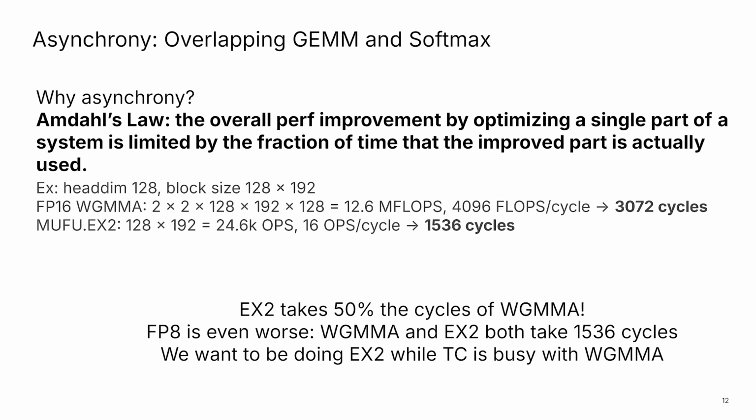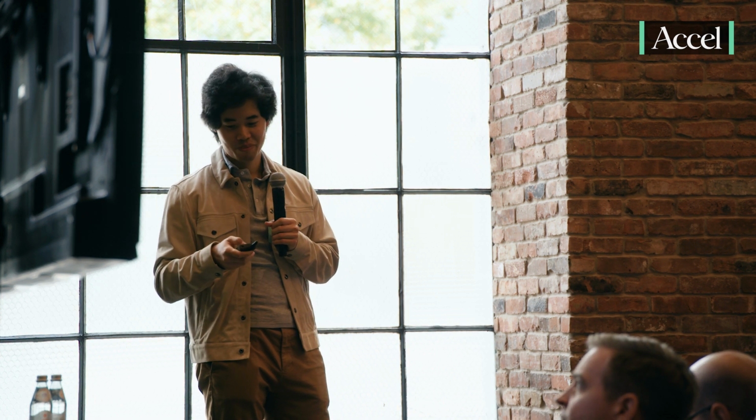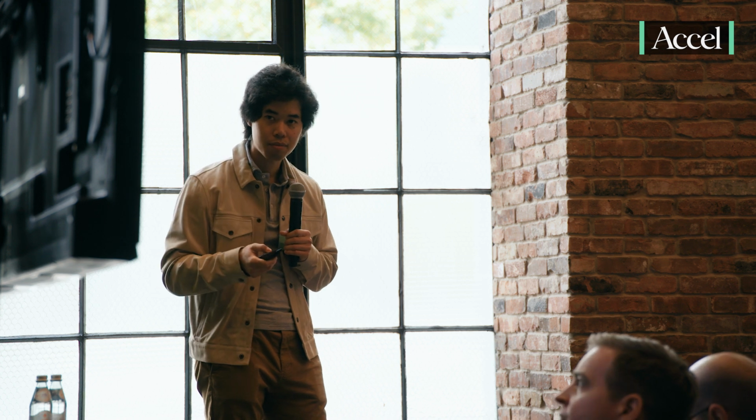It uses the multifunction unit, and that unit is way slower, with much lower throughput, I think on the order of hundreds of times lower than the matrix multiply. So you can make the matrix multiply really fast, but you're still going to be bottlenecked by this exponential instruction, called exp2.